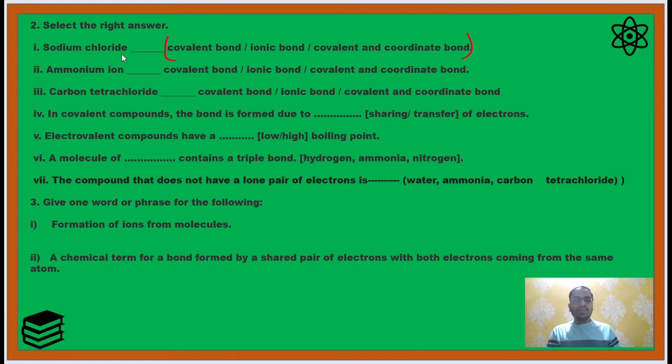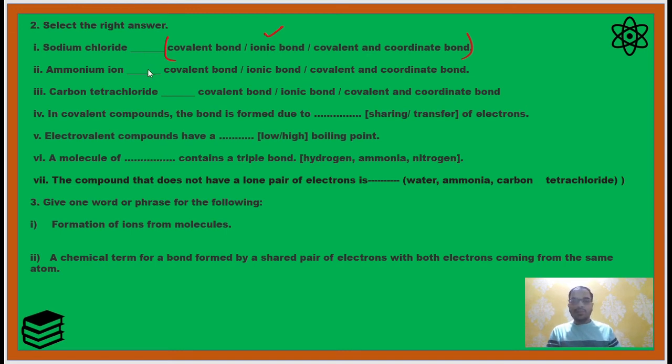Okay, which chloride has which kind of bond? Sodium chloride has an ionic bond because of the charge separation, opposite charge, because sodium loses an electron which is accepted by chlorine, and the opposite charges attract each other to form NaCl.